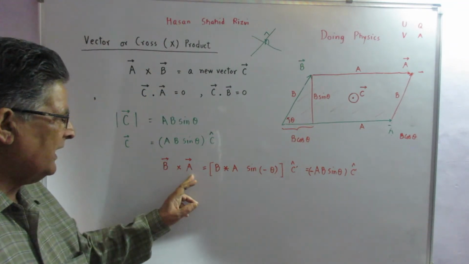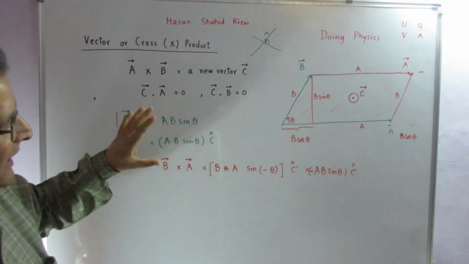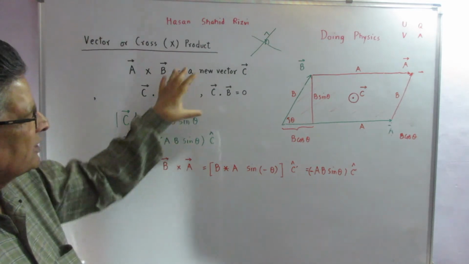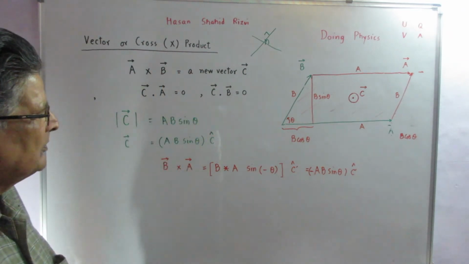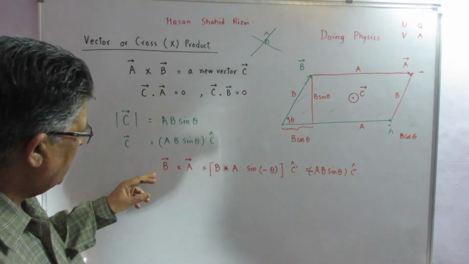So B cross A, I can write now very simply, and I leave it here because otherwise the lecture will become very bulky today.